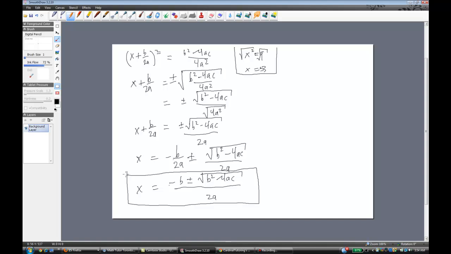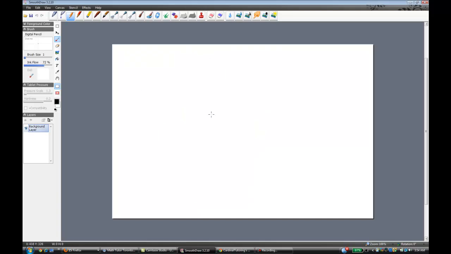Right, so just for a quick application, we have the proof of the quadratic formula.